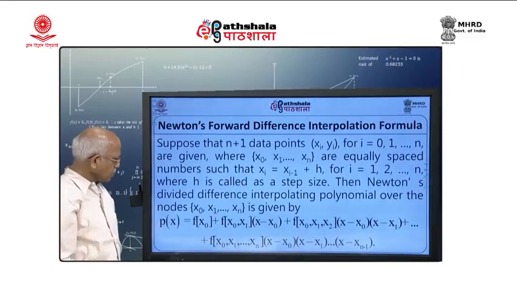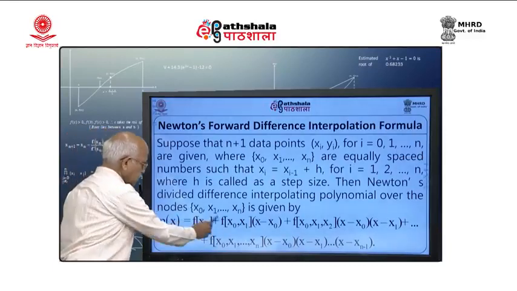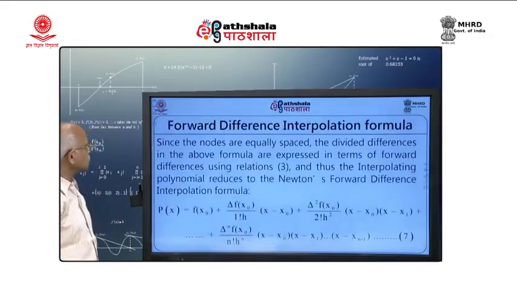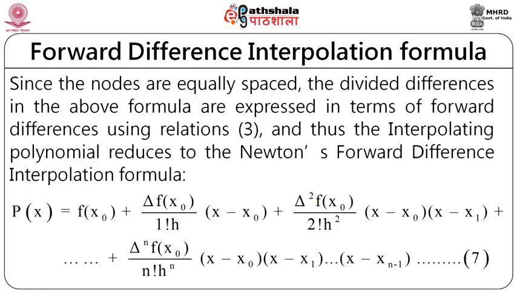Now we are going to replace these divided differences by means of forward differences. Since the nodes are equally spaced, the divided differences in the above formula are expressed in terms of forward differences using relation 3, and thus the interpolating polynomial reduces to Newton's forward difference interpolation formula. You can call it a formula or you can call it a polynomial.